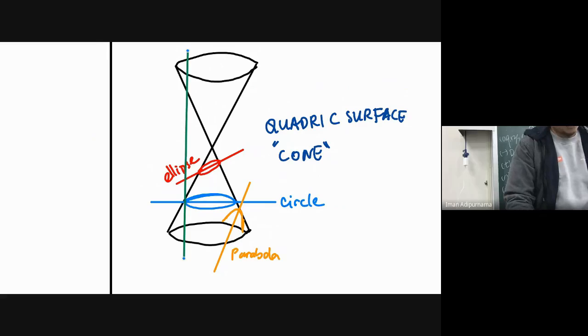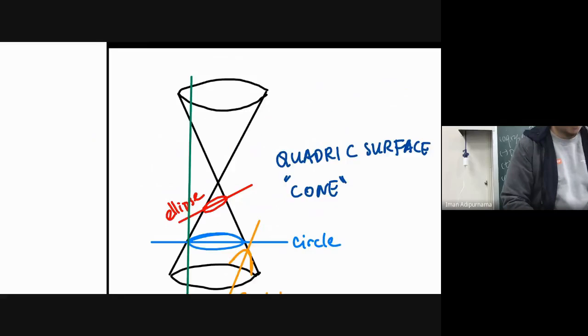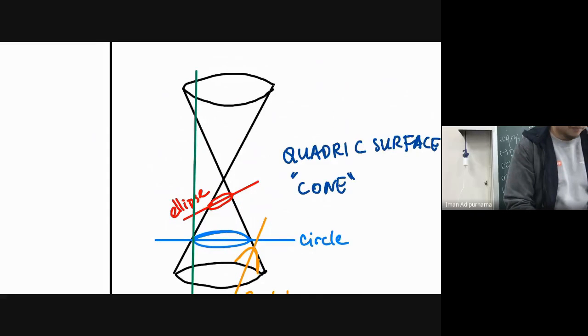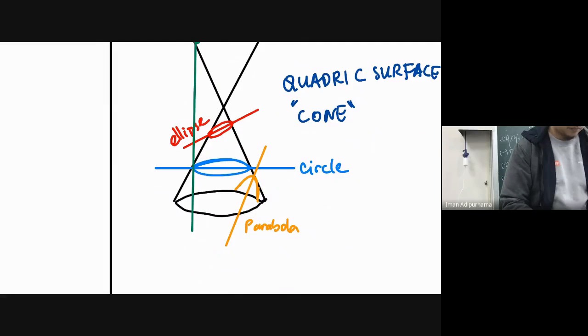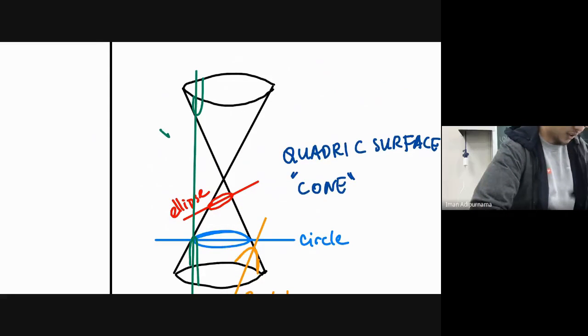It should be symmetrical, but I think I made a mistake from the black line, but this is the hyperbola.